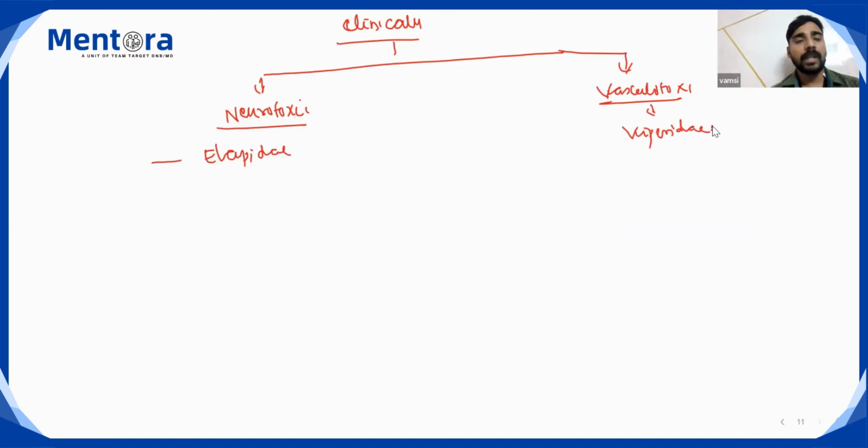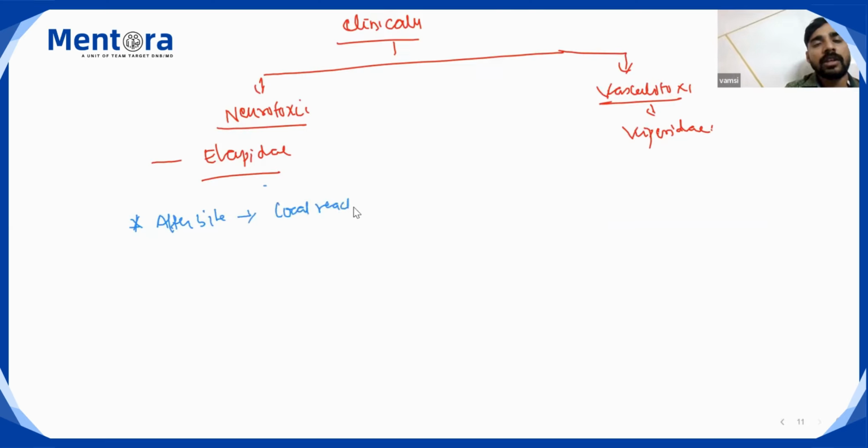Clear? Right. So when you take neurotoxic snake bites, how will the patient present? Usually after the bite, the patient will have local reactions. What are the local reactions? Pain, swelling, a cellulitis-like picture, but never in the krait. So local reactions occur in a cobra bite, but not in a krait bite. Very important.